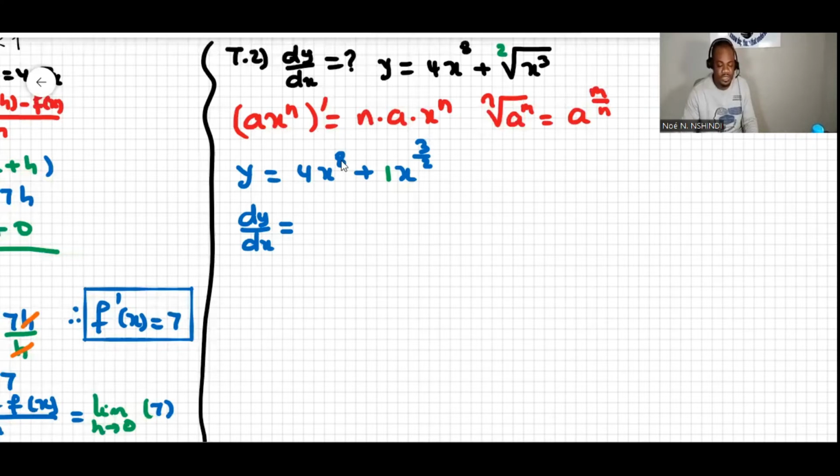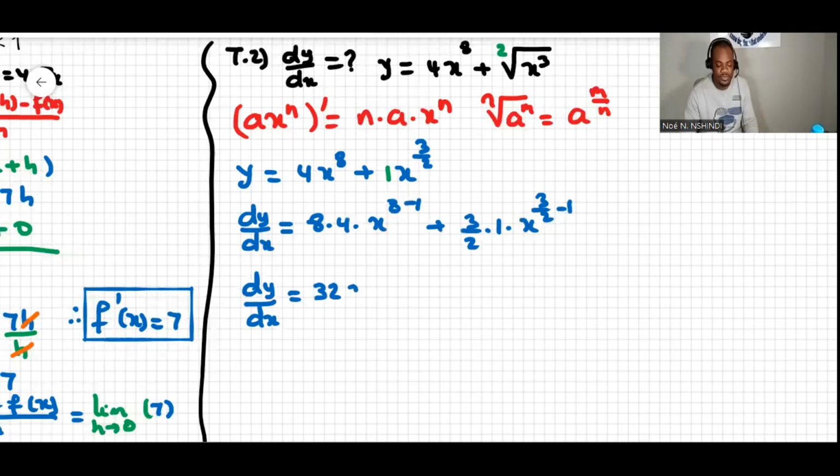So this will be 8 times 4 times x to the power of 8 minus 1 plus 3 over 2 times 1 times x to the power of 3 over 2 minus 1. And dy/dx would be equal to 32x to the power of 7 plus 3 over 2 x to the power of a half, okay?